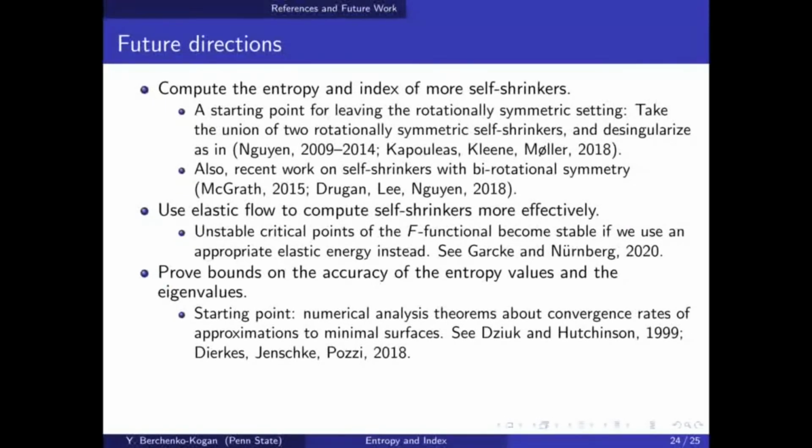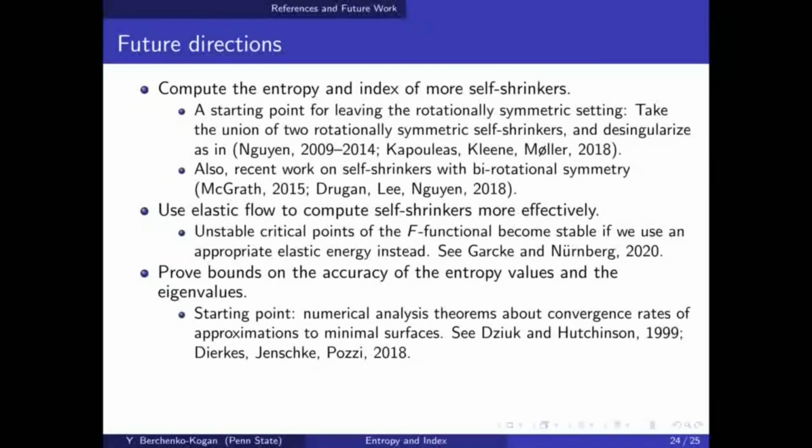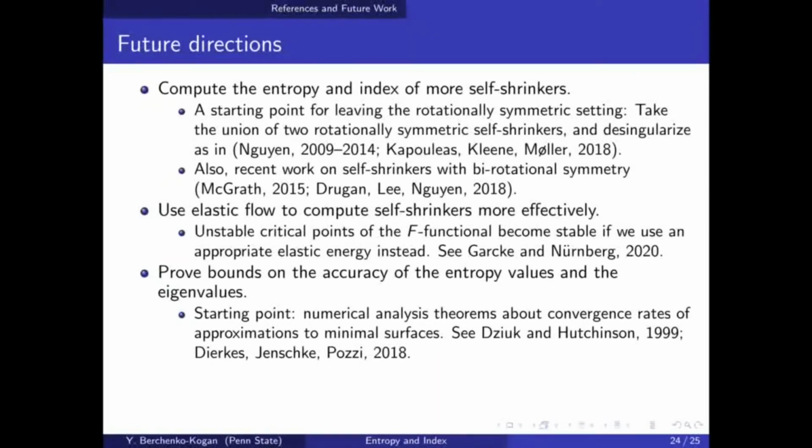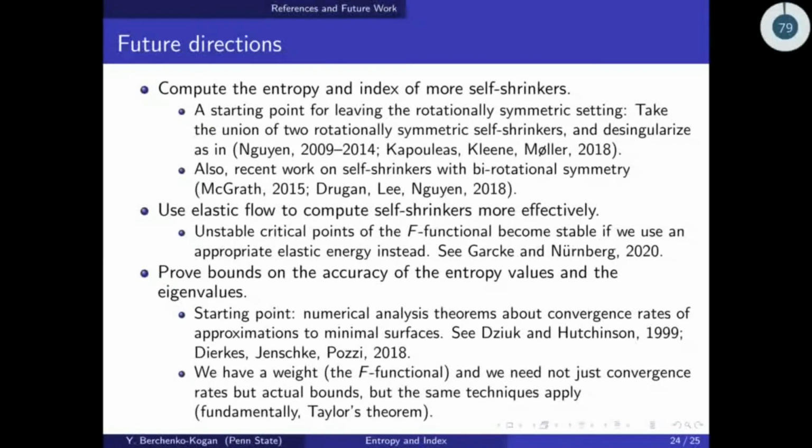So there are certainly theorems in numerical analysis about how fast your discrete approximation, so maybe piecewise linear surfaces or whatever you want, converge to the true things. So we have a little bit more complications here, right?